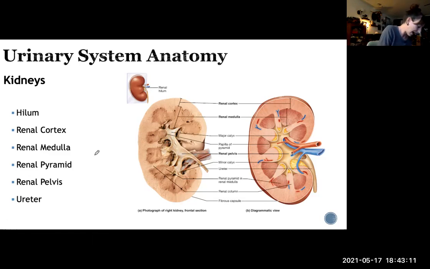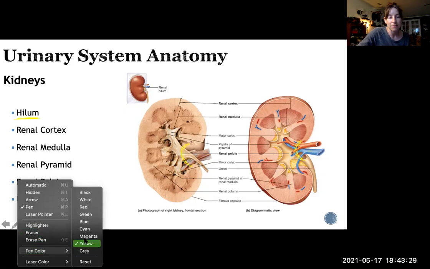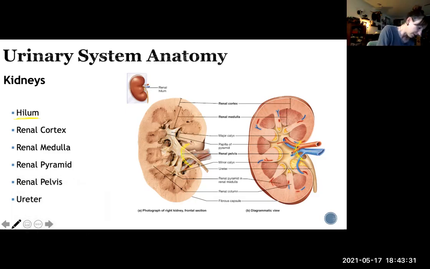All right, so the hilum, which I will go ahead and make yellow for now, is basically this part right here, where your big vessels and other important tubes go in and out. The renal cortex is basically this whole outer part, right?